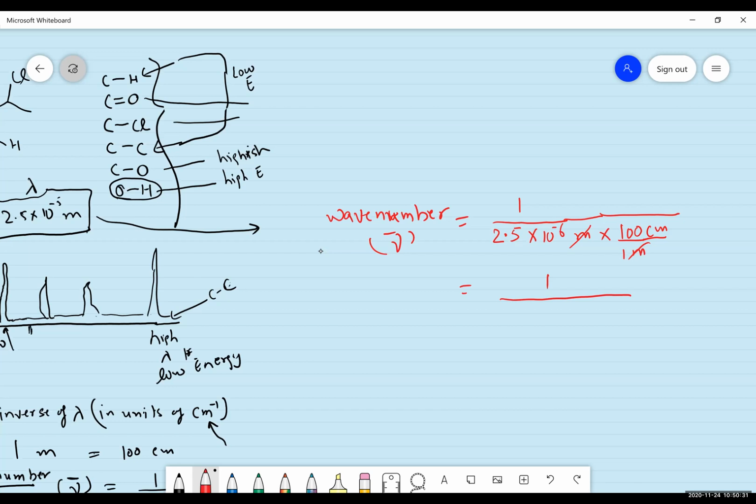So this will be equal to 1 divided by 2.5 times 10 to the negative 6 times 100 centimeter.